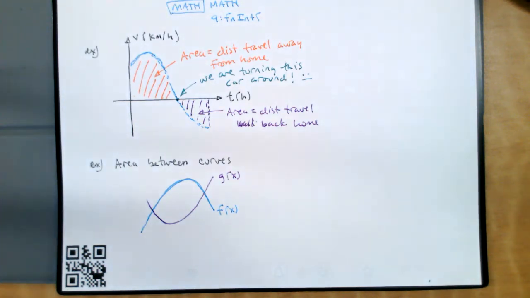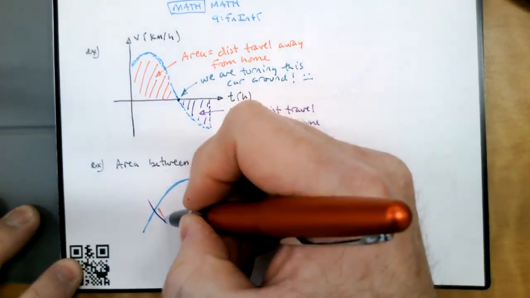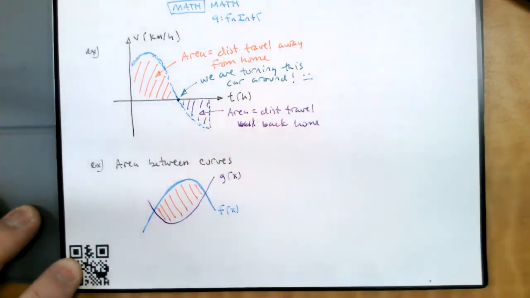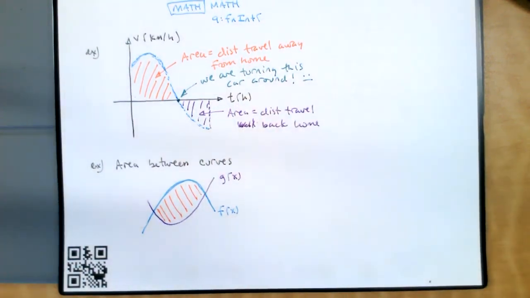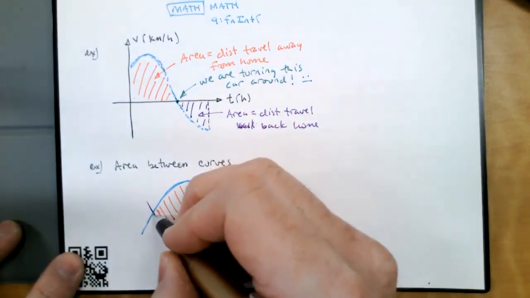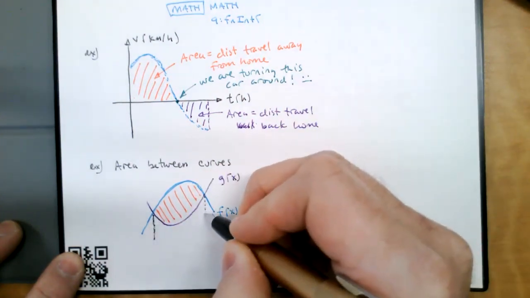The first thing we need to figure out is where the graphs intersect. If we're not given x coordinates, our first job is to find where the graphs intersect.